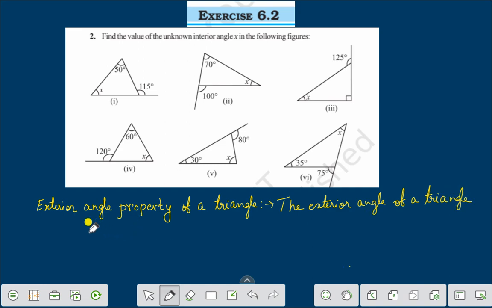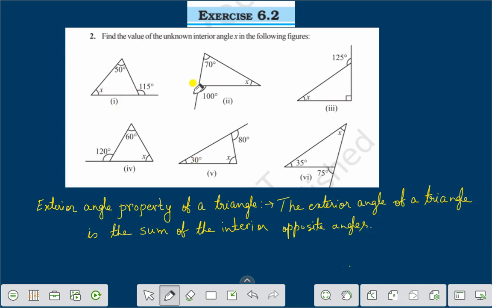The exterior angle of a triangle is the sum of the interior opposite angles. This is the exterior angle property of a triangle. The exterior angle of a triangle is the sum of the interior opposite angles.